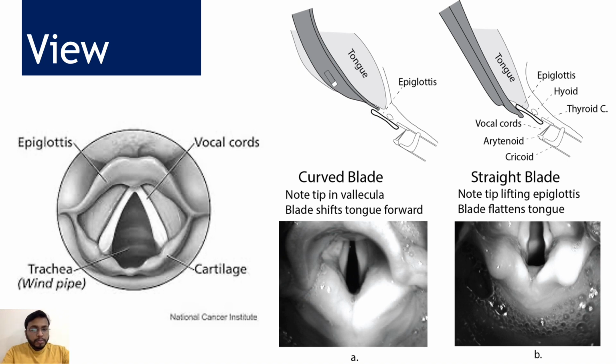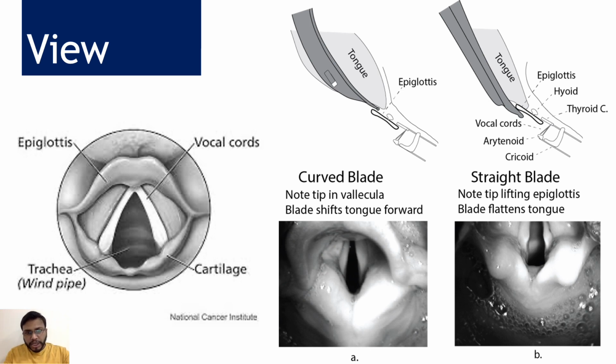Whenever you use either of the scopes, what you are actually looking at is the epiglottis. You have the vocal cords, you have the cartilage, and you have the trachea inside. So this is the basic view that you are going to get whenever you use any of these scopes.